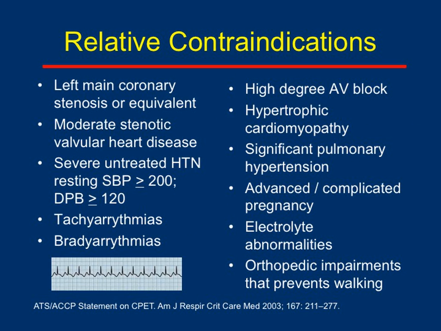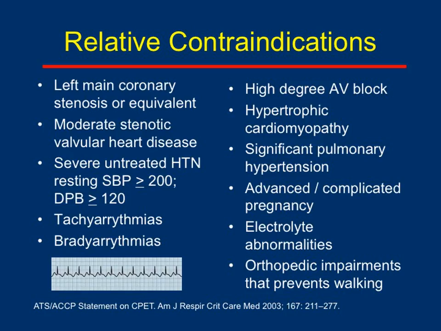Next slide, please. So these are relative contraindications. For these particular clinical problems, you would discuss these with your medical director before you would perform a 6-minute walk test. Some of them, such as untreated severe hypertension, would need to be managed before the test. Tachyarrhythmias, bradyarrhythmias, some cardiac involvement, significant pulmonary hypertension, which we often see in pulmonary rehab.